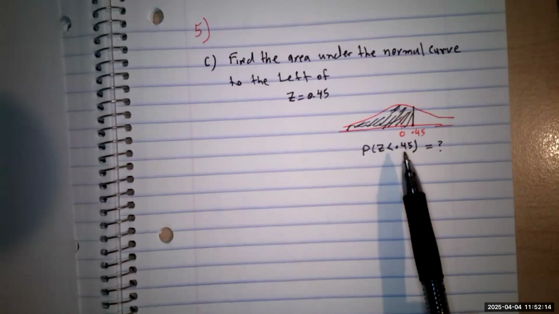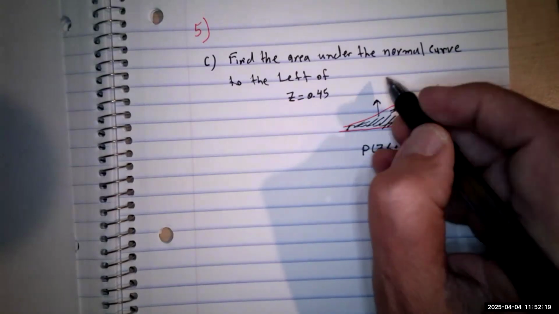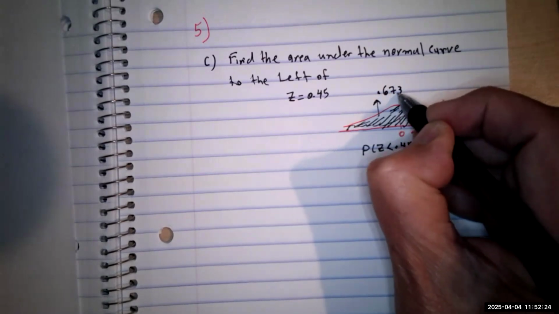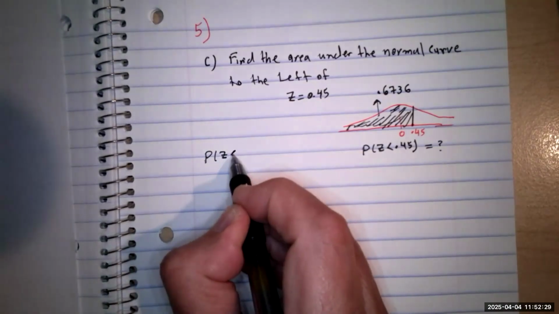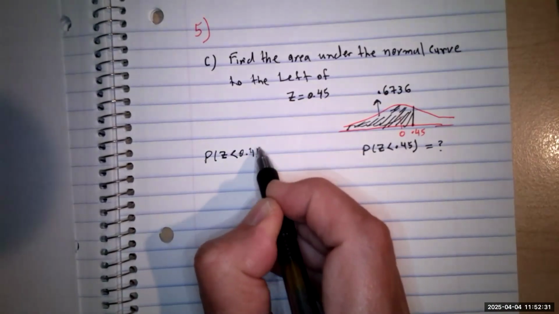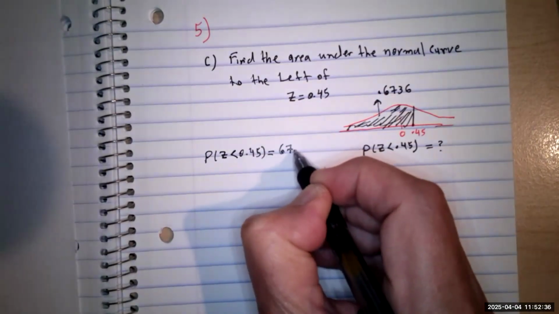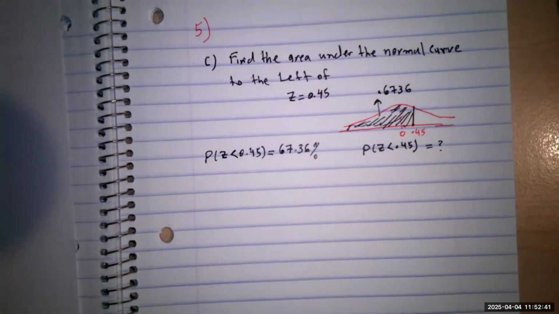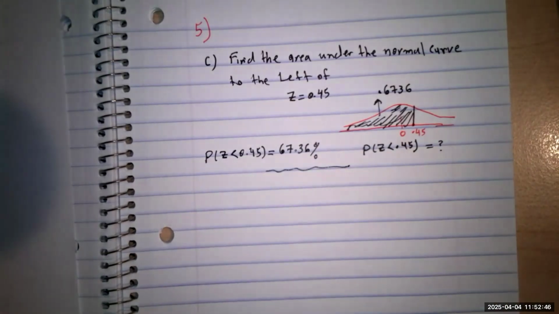This area is simply, as defined, 0.6736. So the probability that Z is less than 0.45 is equal to, write it down in percent, don't round it, 67.36%. This is the first part, the area to the left.